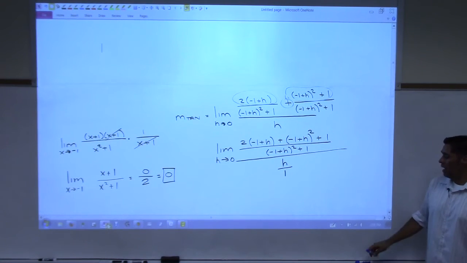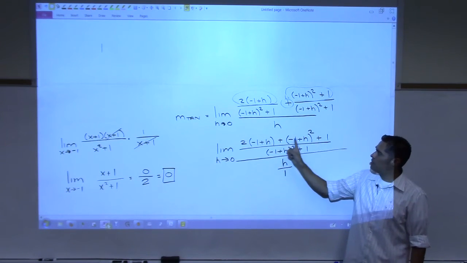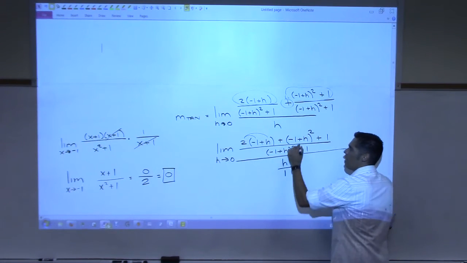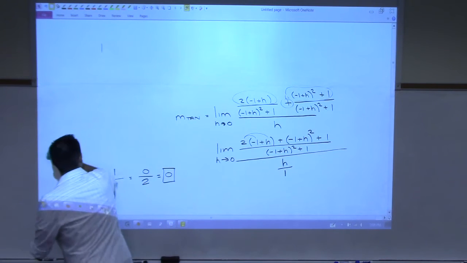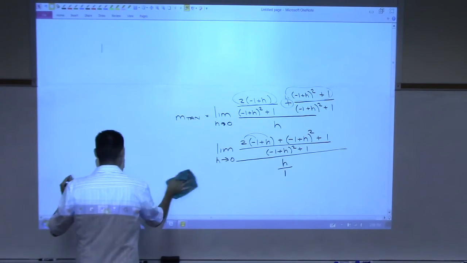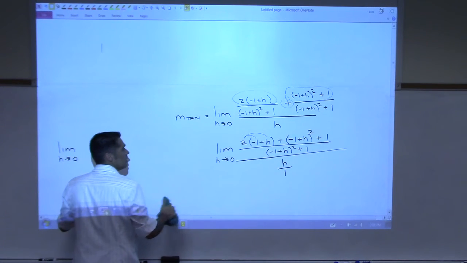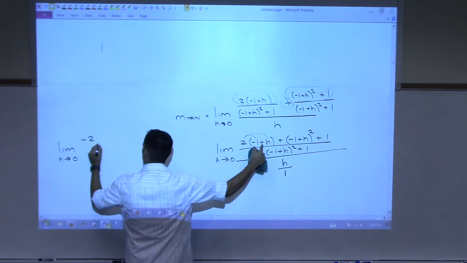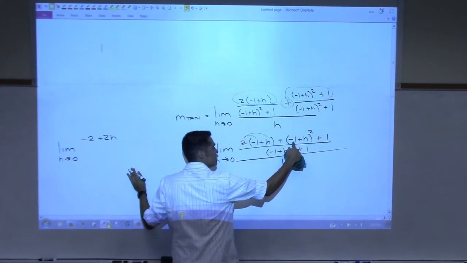Now I have to get an h to cancel, right? It's going to have to somewhere. So I need to actually expand that all out, figure out what happens. So I'm going to distribute a 2 through, expand that and add the 1. So I should get limit h goes to 0 of negative 2 plus 2h, then expand this times itself.